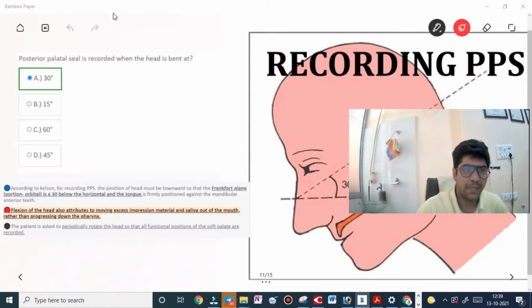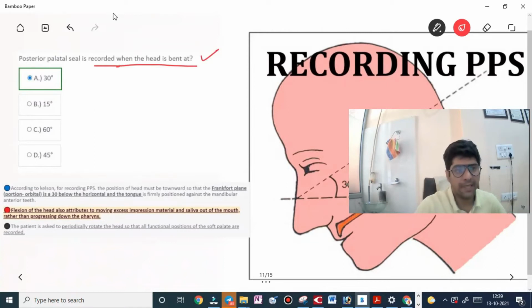The posterior palatal seal is recorded when the head is bent at. So remember, from your exam point of view, the posterior palatal seal is recorded when the head is bent at 30 degrees.